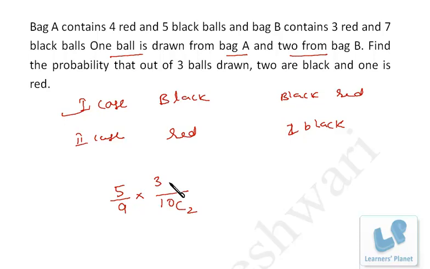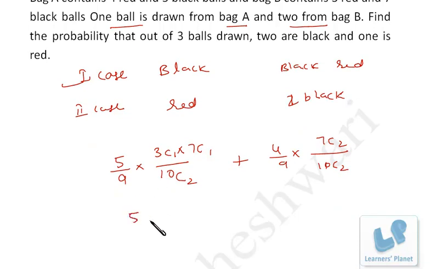Or the second case is, from the first bag we are drawing a red ball, so 4 out of 9, into, from the second bag we are taking 2 balls. Now both of them should be black, that's 7C2, right? Now we have to just simplify it.